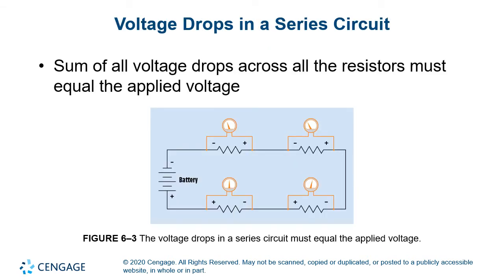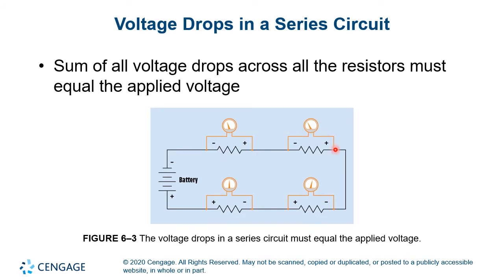Another important aspect of series circuits is what we call voltage drops. If we take a look, we have a battery, and the battery has a certain voltage. What we're going to see is a voltage drop across each of these resistors: one voltage drop, another, another, and another.